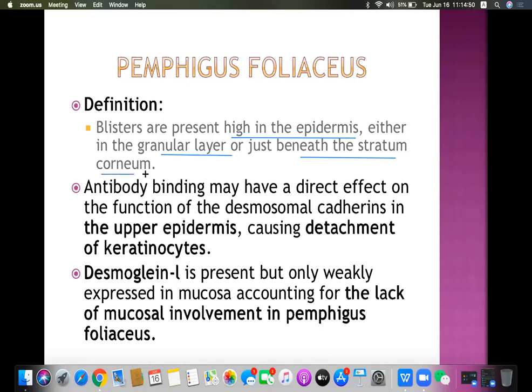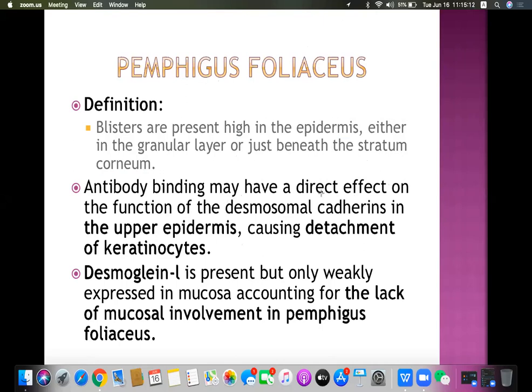What does that mean? They are even more superficial than in pemphigus vulgaris. So when the patient comes to the hospital, there is a high chance of rupture already.